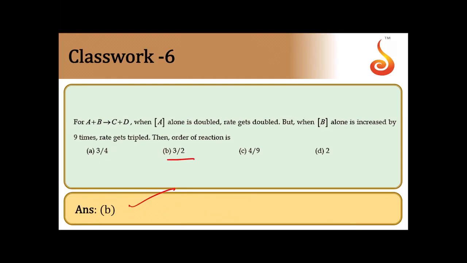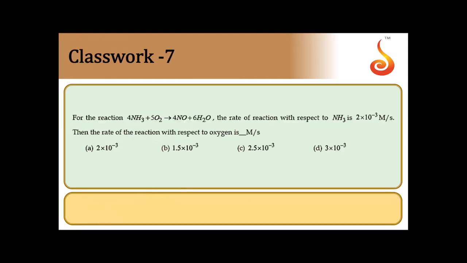Then next one. For the reaction 4NH3 plus 5O2 giving rise to 4NO plus 6H2O, the rate of reaction with respect to ammonia is 2 into 10 to the power of minus 3, and the rate of reaction with respect to oxygen is how much?